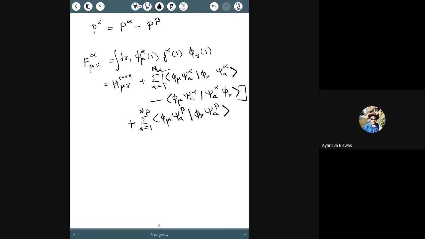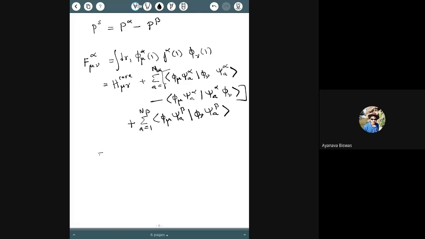Okay. And as you can see here, you have the basis functions, which have no alpha beta dependence, and you have the orbitals, which depend on alpha and beta. And when you open out these molecular orbitals, unrestricted molecular orbitals, you will get the C star quantity here.